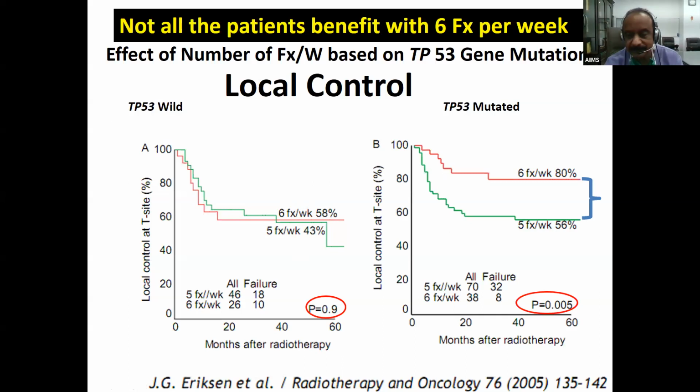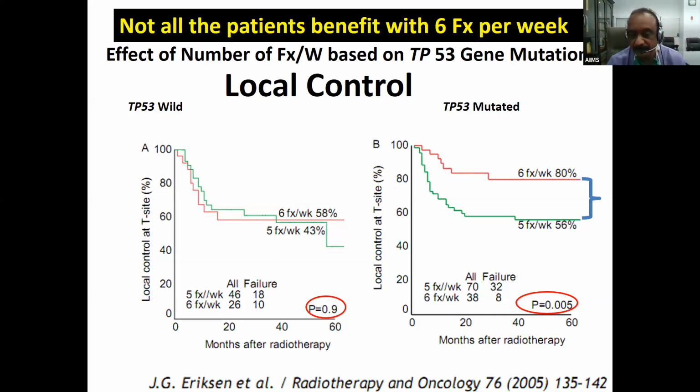So we are moving in this direction, but remember, ladies and gentlemen, that all these data are retrospective, and they so far have not been explored prospectively in a randomized setting. So all of the young, budding radiation oncologists have ample opportunity to take any of this research to prove or disprove these retrospective data.